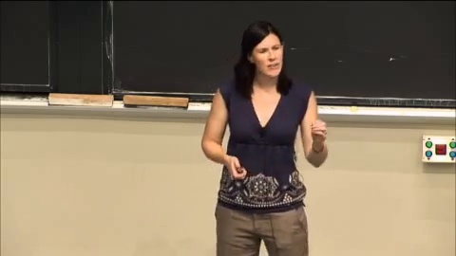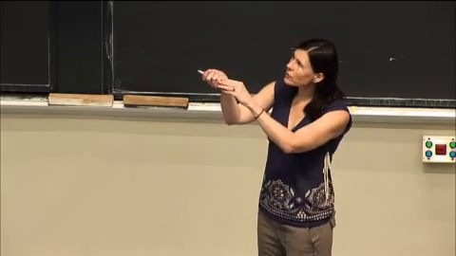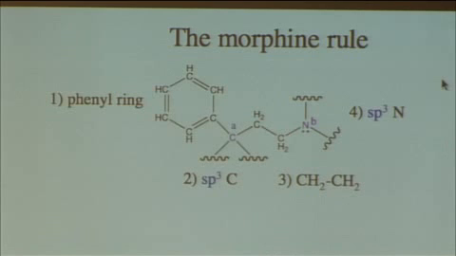Specifically, it's a set of 4 components which start with the phenyl ring, an aromatic ring. The second thing you identified is an sp3 hybrid carbon. Following that, we have a CH2 group. And the last part of the rule is this sp3 hybridized nitrogen.